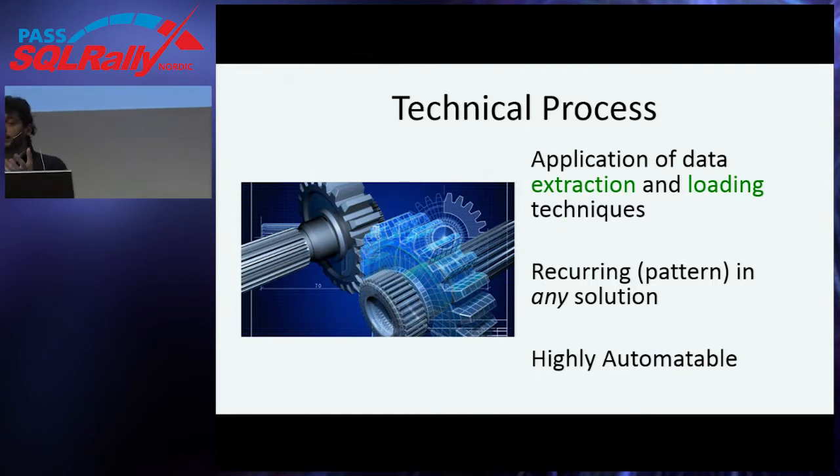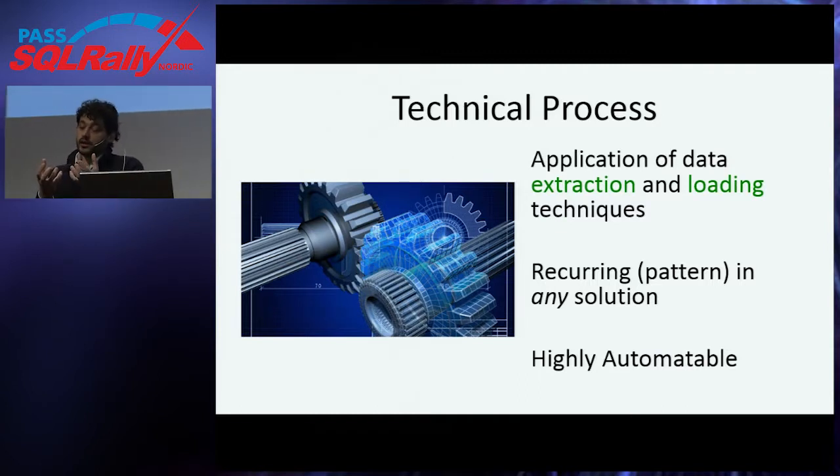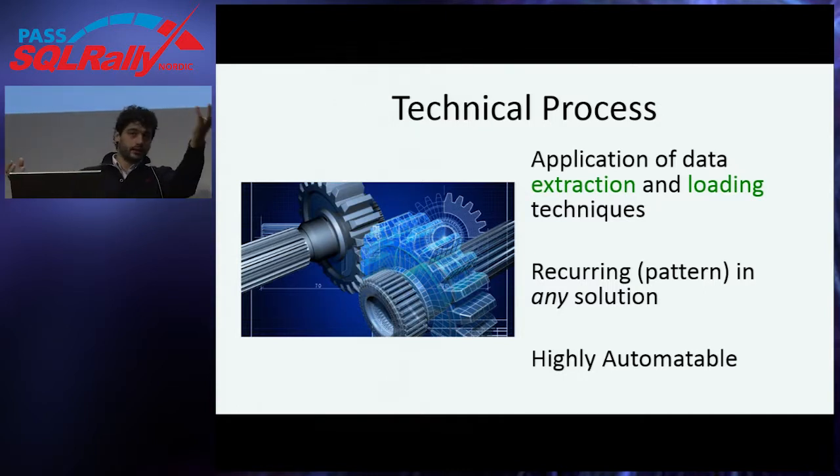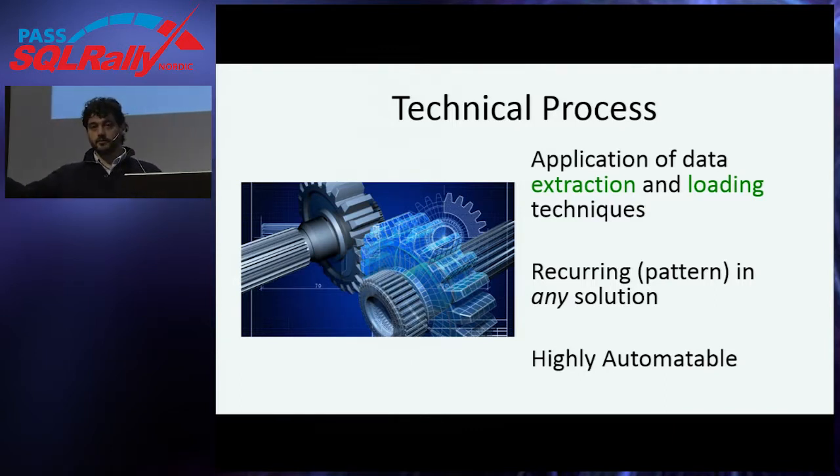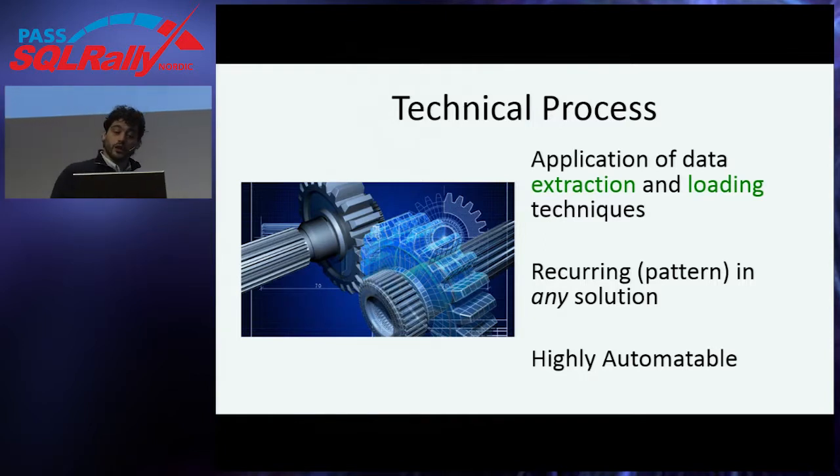But if you separate the way we load the dimension table from the way we process the data so that it can be put into a dimension, we have two different and separate processes. Something that cannot be automated, the business logic, and something that can be perfectly automated, loading the dimension. This is exactly what we are going to automate.